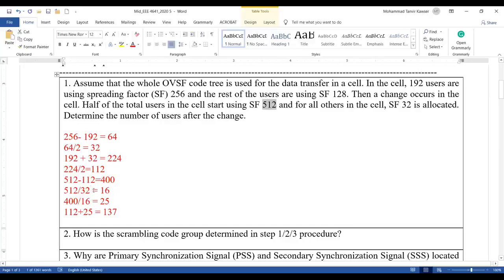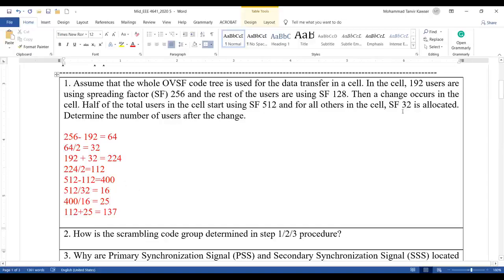And so if we deduct 112, we have 400 codes available at this level. However, for all others, the spreading factor is 32, not 512.